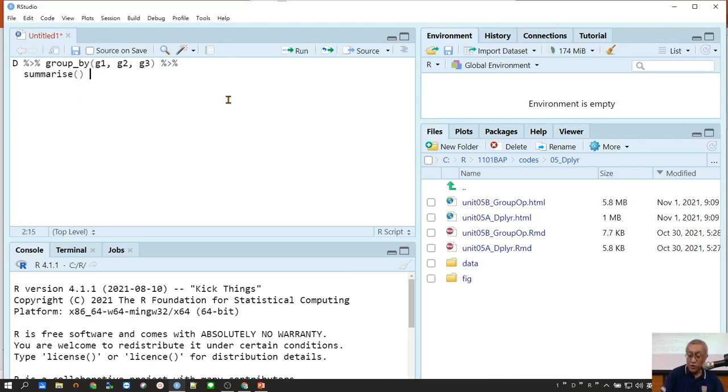After this summarize, G3 will be removed. The outcome of this command would only have G1 and G2 groups. The group of G3 is removed.